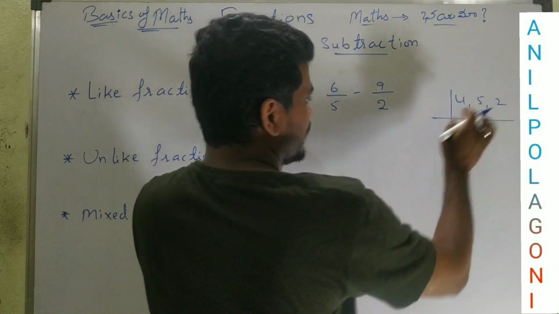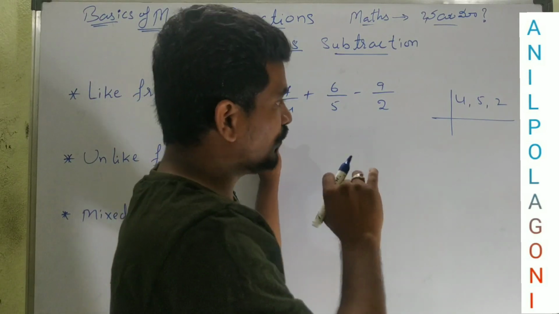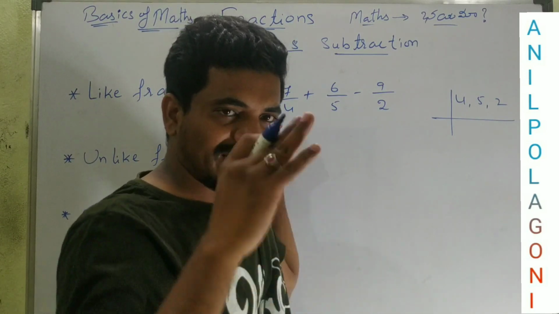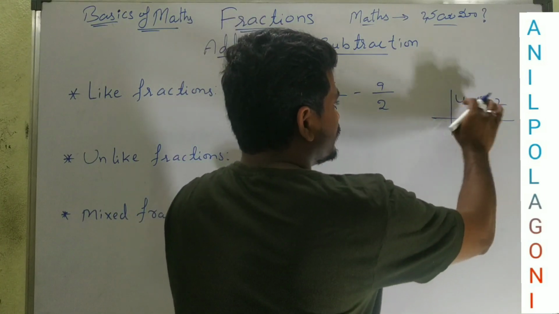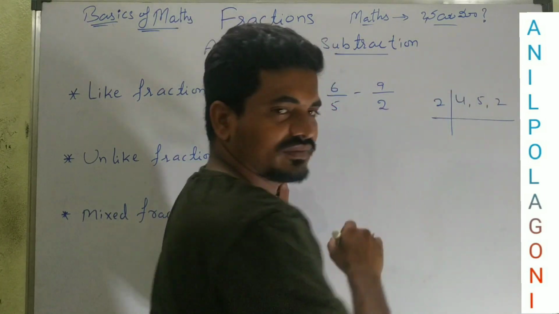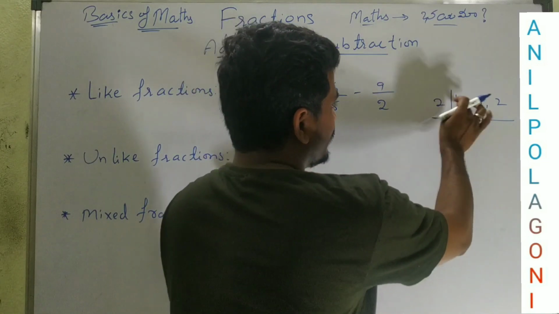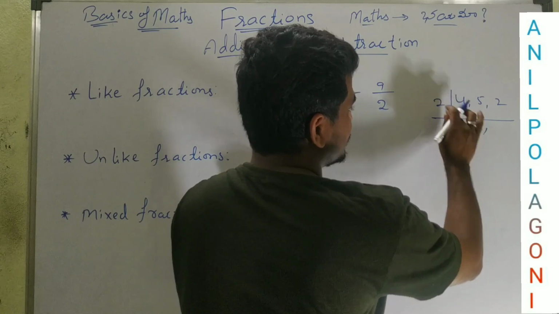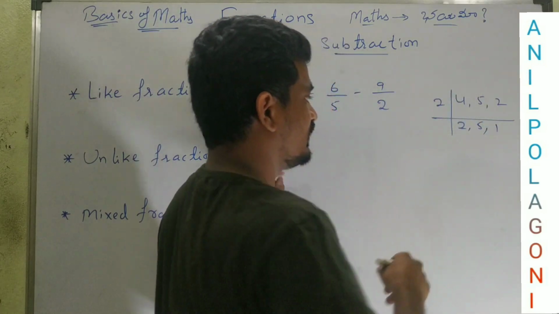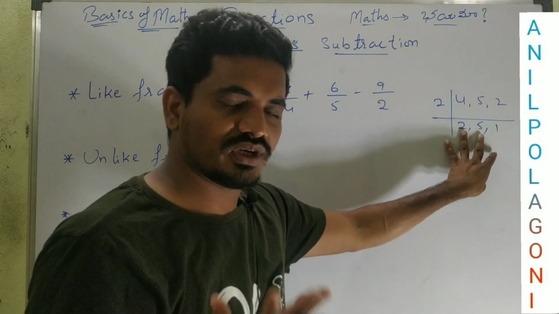In this, we have to cancel any 2 by any number. Let us take these two numbers and cancel with the 2 table. In the 2 table it comes in 2 times, and 5 will not come in the 2 table. Again these two are co-primes, no need to do again.